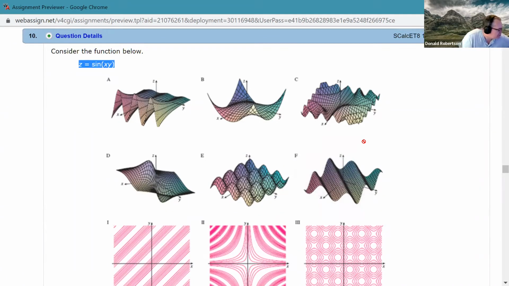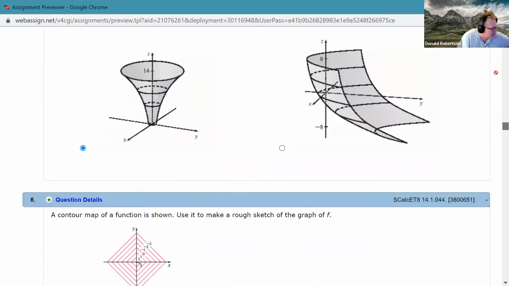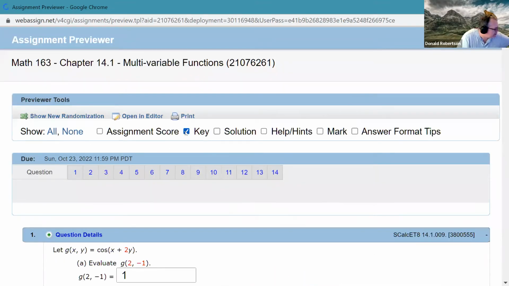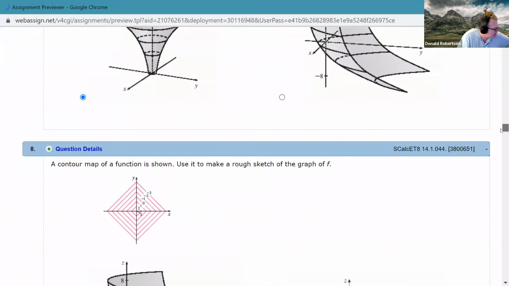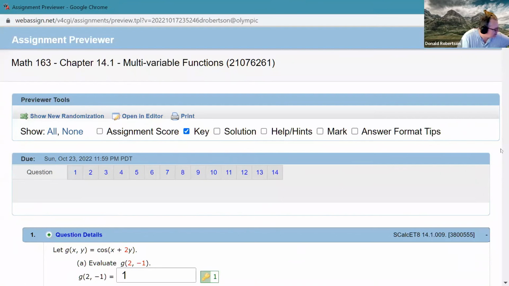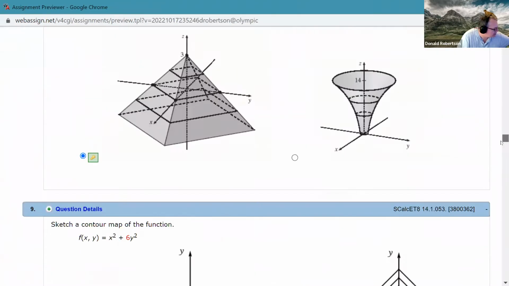Was there another one? That or C. Right, let me find out. Because they didn't give me a lot of clues on that. Let's find out that or C, what you look like.